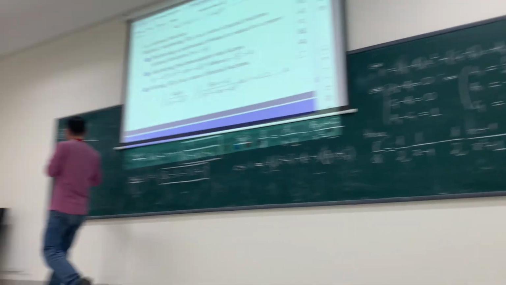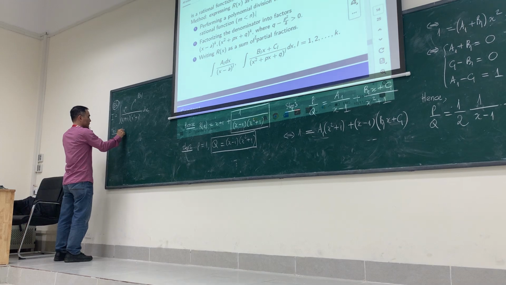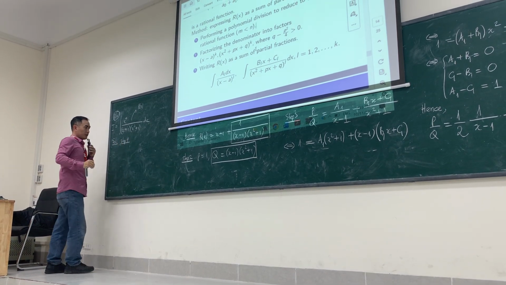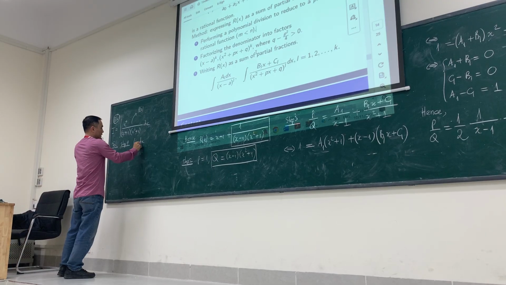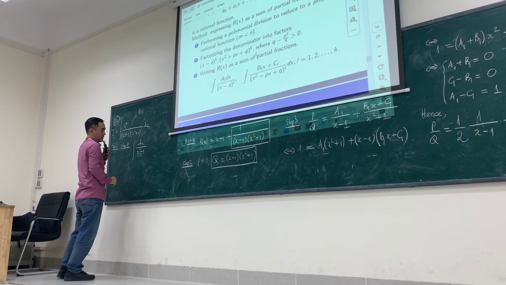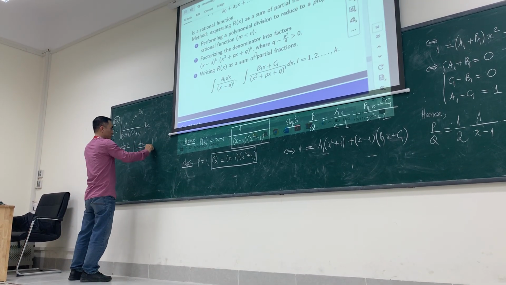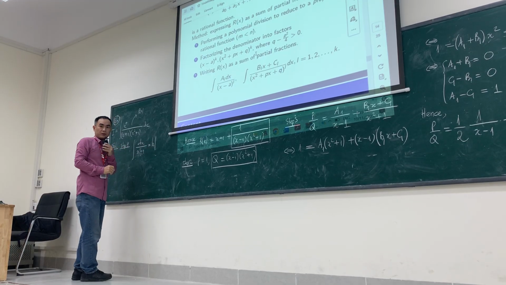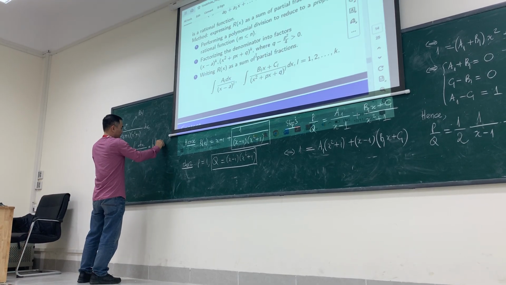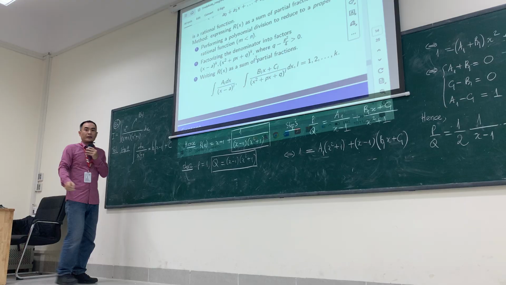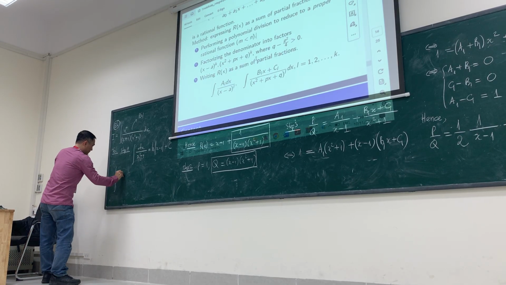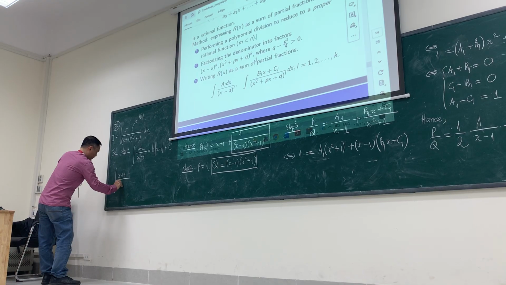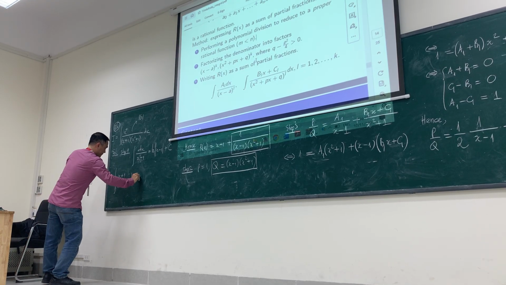First, we estimate the integral dx over x minus 1, which is equal to the natural logarithm of the absolute value of x minus 1, plus c. To continue, we estimate the integral of (x plus 1) over (x squared plus 1) dx.